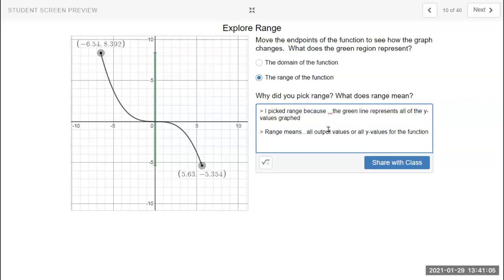I could have said the set of all y values for the function, but that's all right.